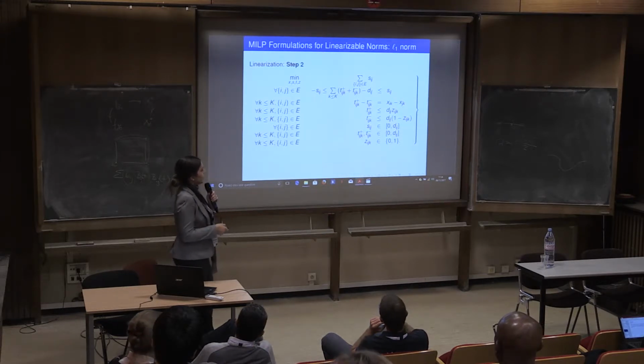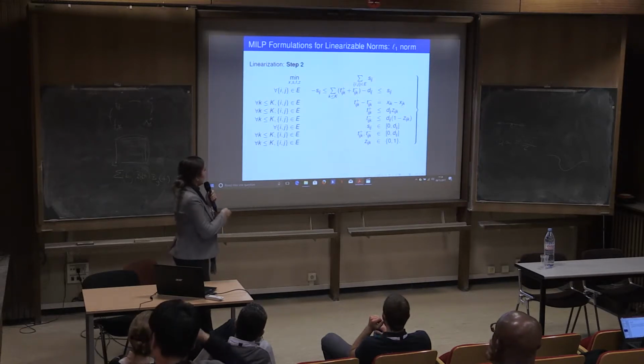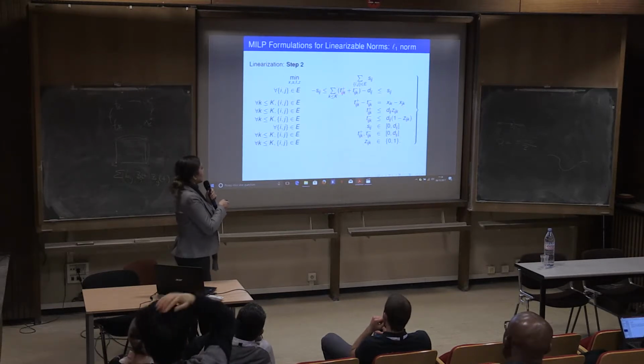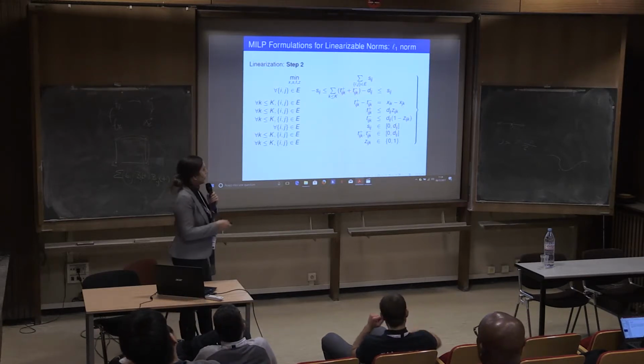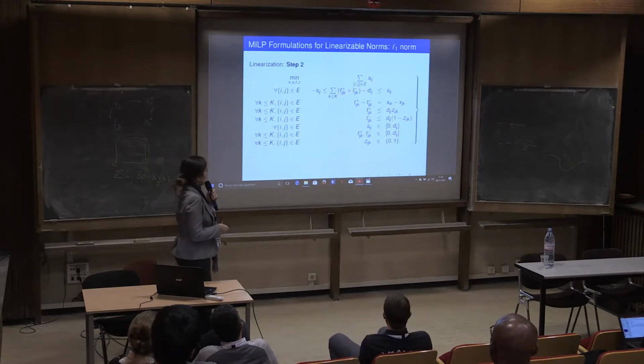We do it by introducing variables t plus and t minus for each index ijk, such that t plus ijk plus t minus ijk represents the absolute value of xik minus xjk.